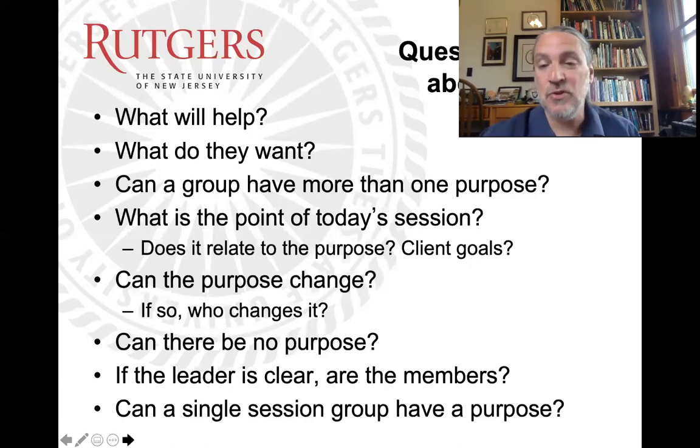The purpose can change over time. And there's an interesting question about who changes the purpose of the group. I'll give you an example of that. I was teaching a class in fall of 2001. Somewhere between week 2 and week 3 of the semester, 9/11 happened, and we had students in the class who lost significant others, lost parents.